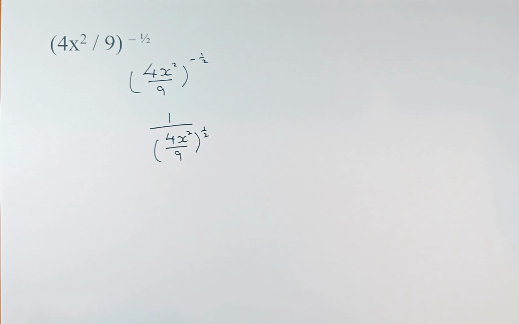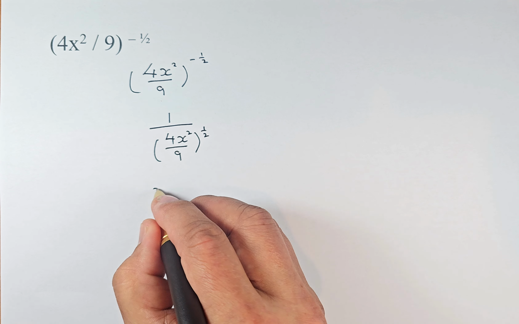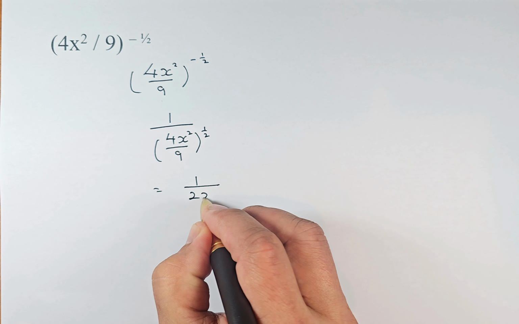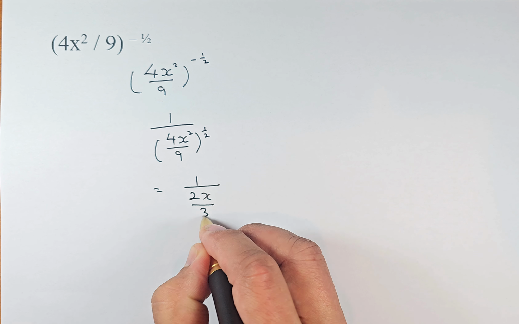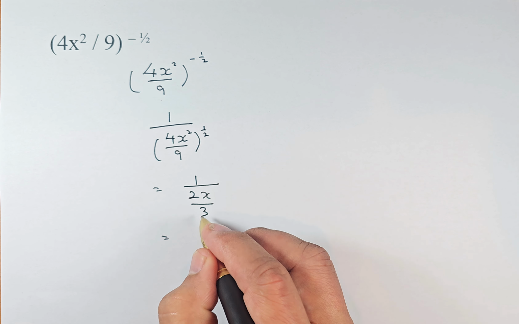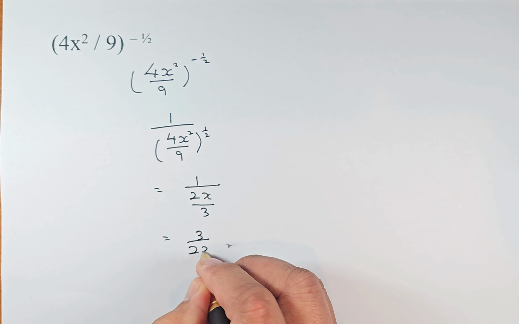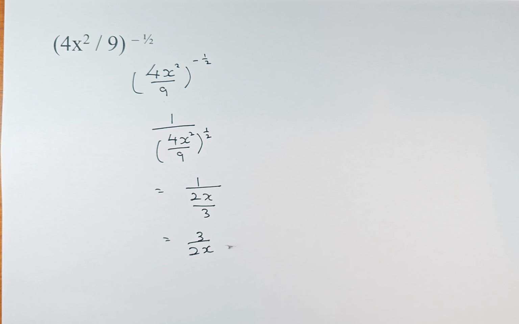As I said in question 1, half means the square root. So the square root of 4x squared is going to be 2x, and the square root of 9 is going to be 3. And now, as I said before, when you have 1 divided by this fraction, the two numbers just flip places, so it's going to be 3 over 2x, and that is how you solve that.